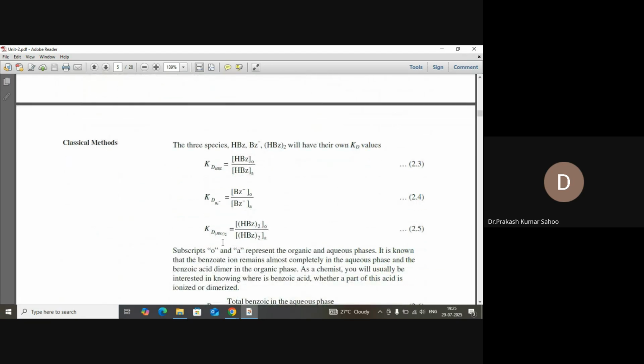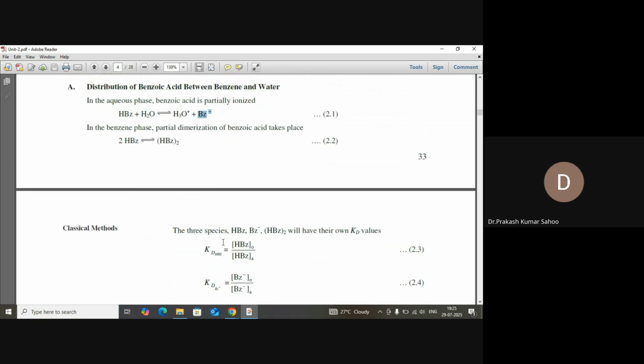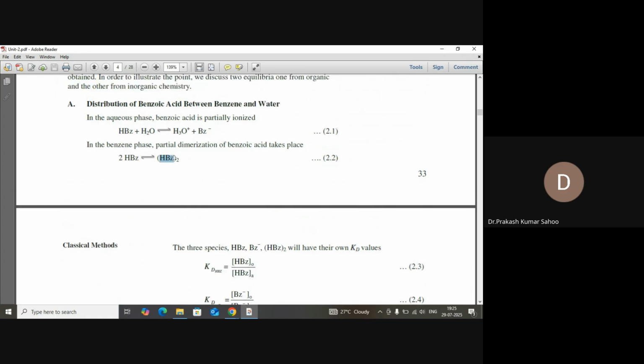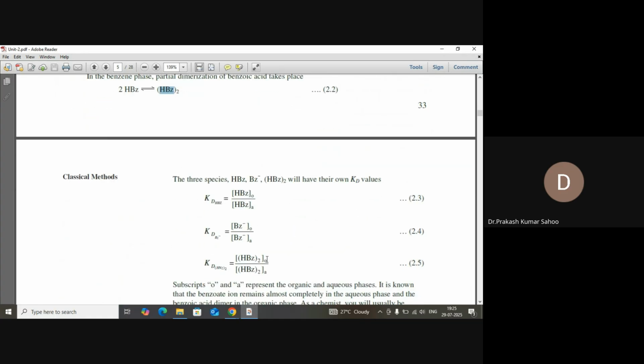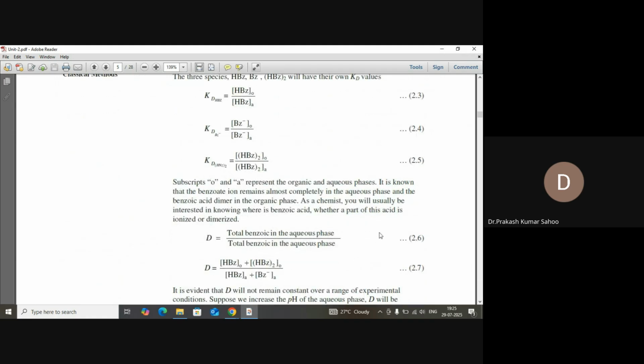Then Kd for the benzoic acid dimer will be in organic divided by aqueous. So D equals total benzoic acid in organic phase divided by total benzoic acid in aqueous phase. It was wrongly written earlier; it should be organic in the numerator.